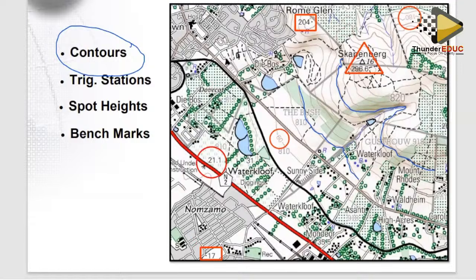So basically, you can figure out the height by reading those contour lines. Where you find the contour lines closely packed, like here on this part of the map, you are seeing that the contour lines are very close across this point. Or here, you can see the contour lines across these lines, they are very close to each other. That will give you a suggestion that the area is steeply sloping.